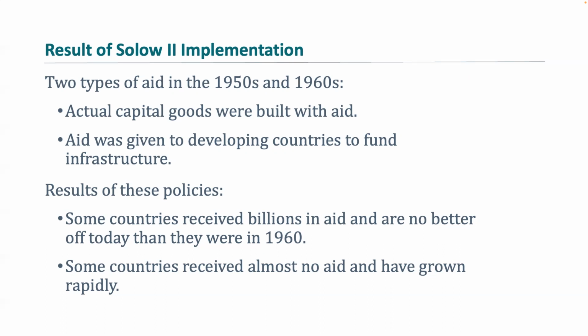In contrast, there were countries that received virtually no aid, and yet they've grown pretty rapidly, like Taiwan, Chile, China, and India. So, if the changes and the uses of these technologies and aid aren't really directed, it's not really going to make the difference that we would hope for.